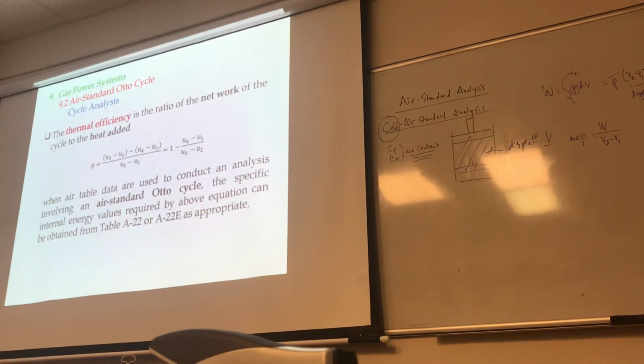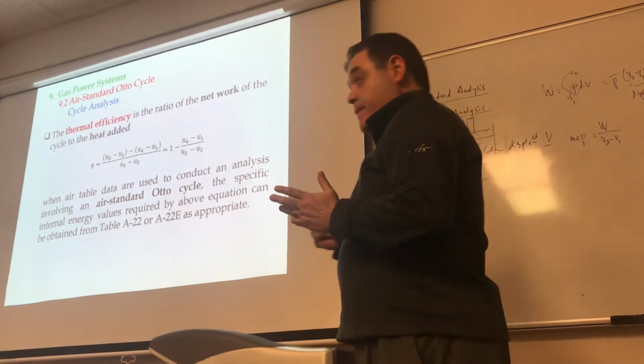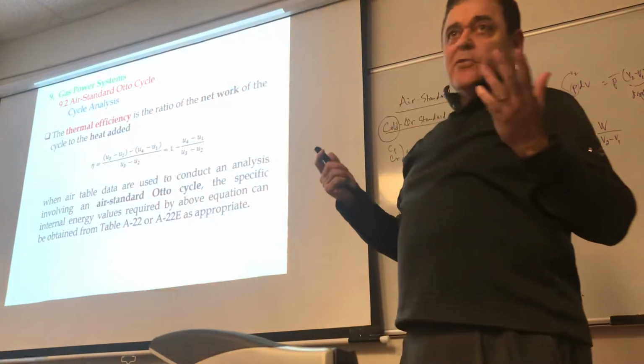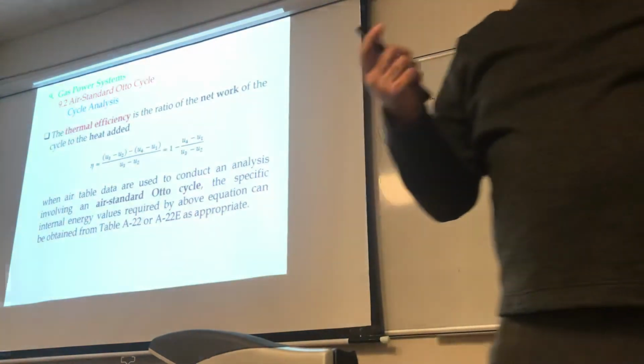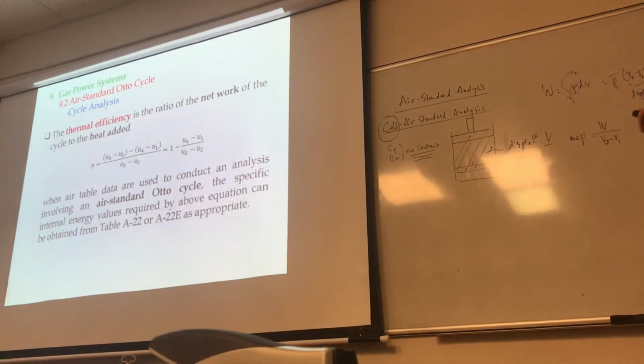Now, every time we talk about a power cycle, just like we did for a vapor power cycle, it's always a good idea to figure out what the efficiency is. What is the efficiency in here?